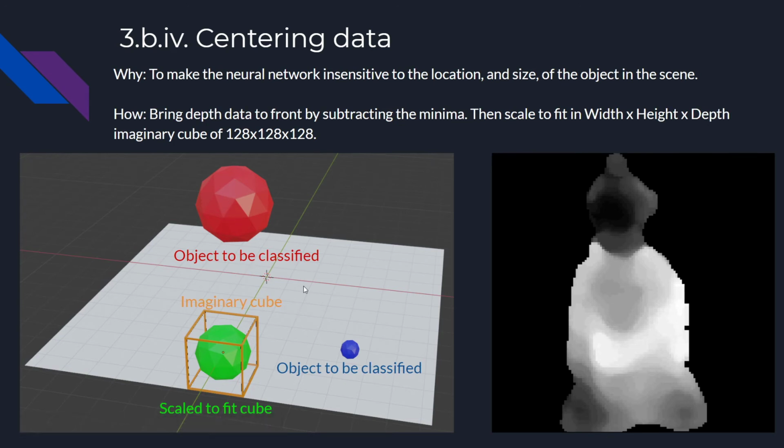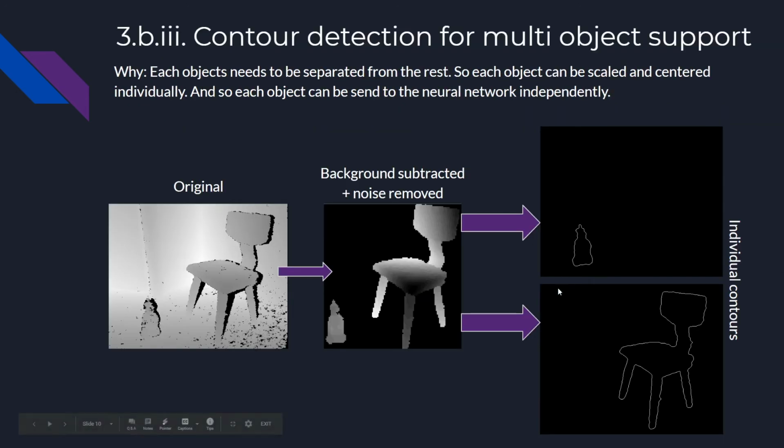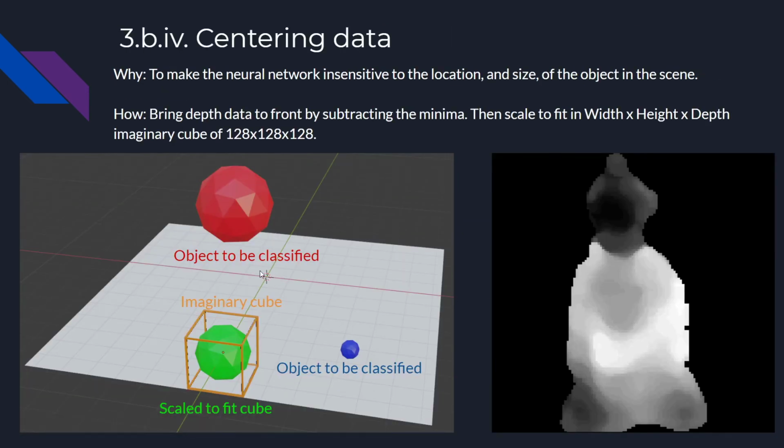So we have this red object and this blue object, and you see that their locations in the scene differ, and also the size. Now what happens, just like finding these contours, we need to normalize this before sending it to the neural network. That is because we want to exclude the parameters of location and size when training the neural network.